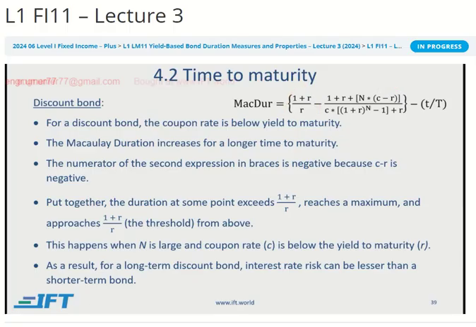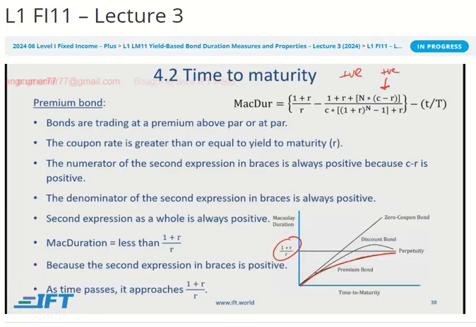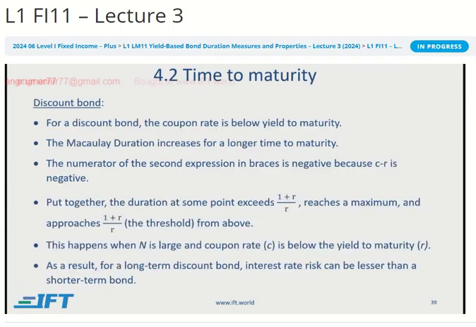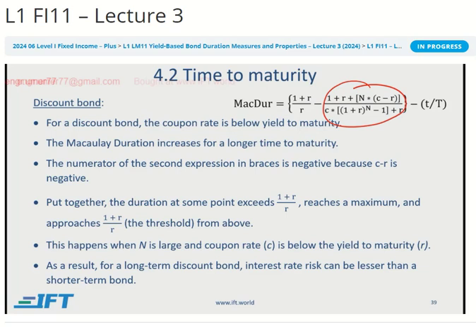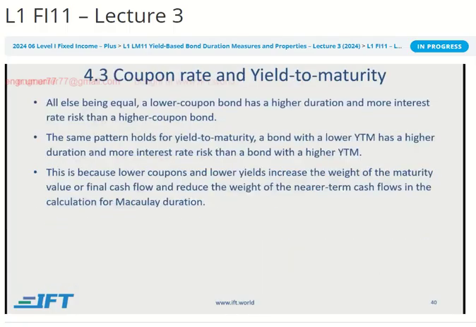So even though it starts off, and let me just go back and show you from the previous one, even though it starts off lower, as your time to maturity increases, the Macaulay duration goes higher than 1 plus r divided by r, and then it comes back down as the maturity is there. Right, and that's because this entire thing is negative, and negative becomes positive, and the MACD goes higher than the 1 plus r divided by r.